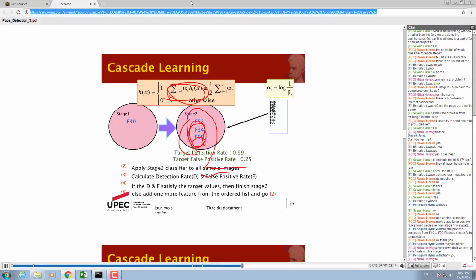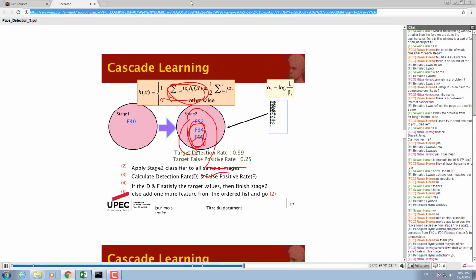But in the worst case, if we still cannot achieve it, then we have to add more and more and use all of them, 1,999 reclassifiers. If it still doesn't satisfy the rate, then we just fail the training.